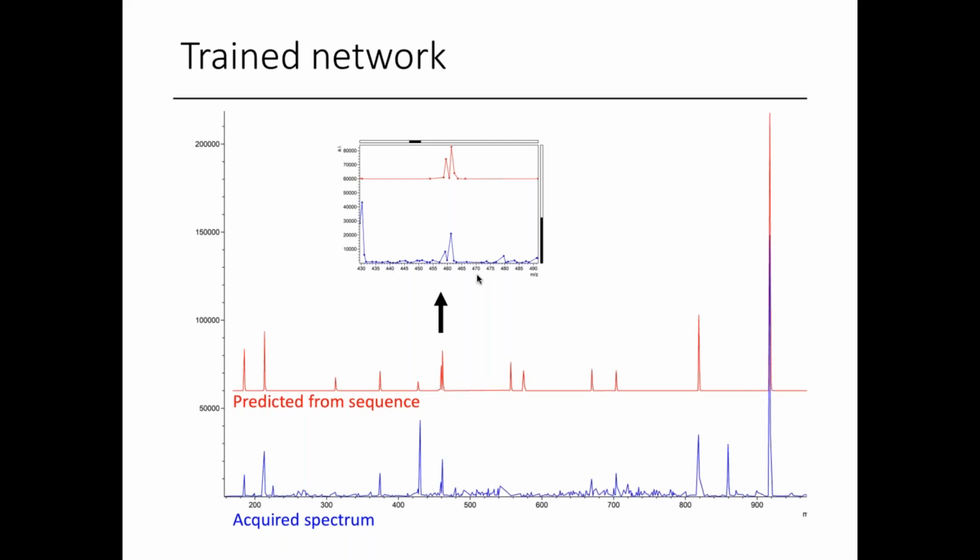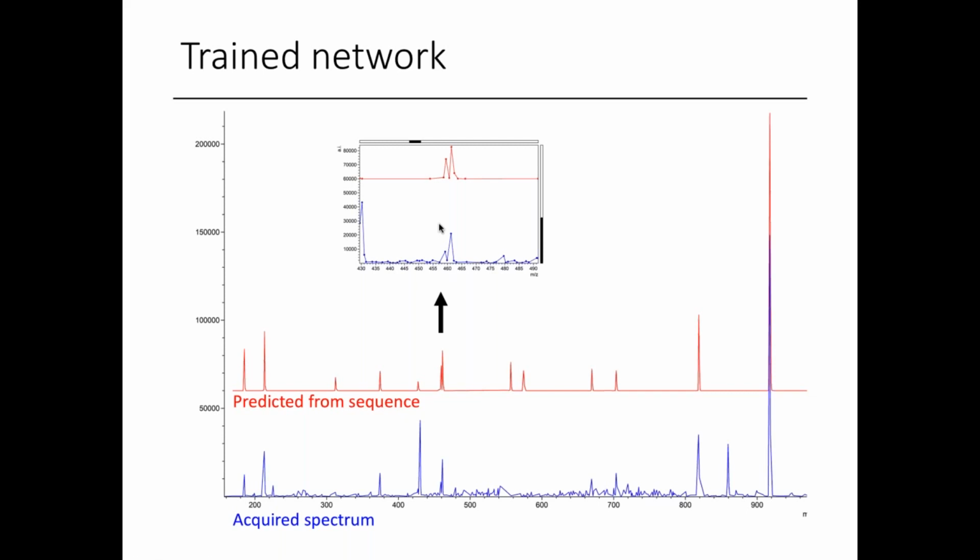As you can see here, the red one, predicted directly from the sequence after we trained the network, is doing quite a good job of reconstructing all the intensity information, even for the small details, as shown in the middle here. You can see that the accuracy is pretty good.